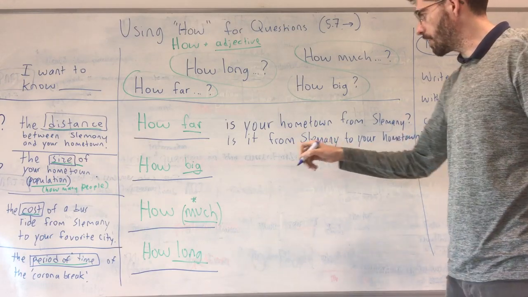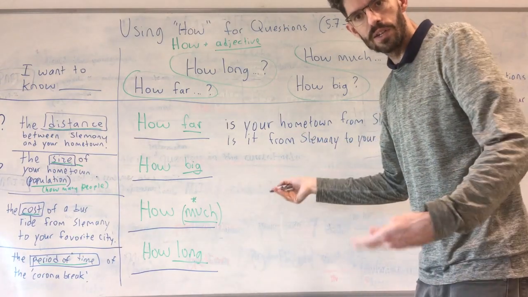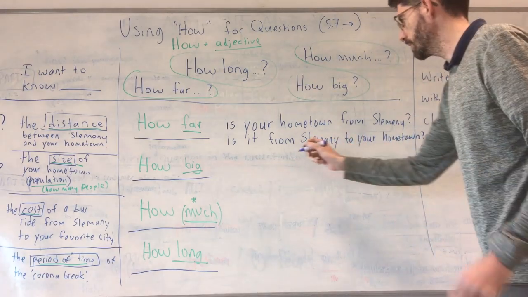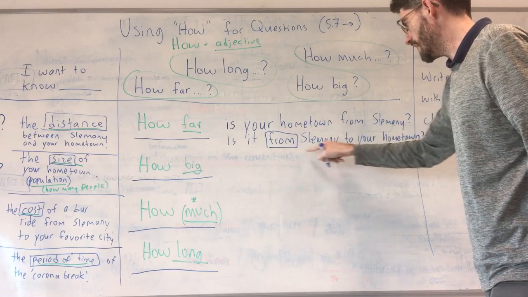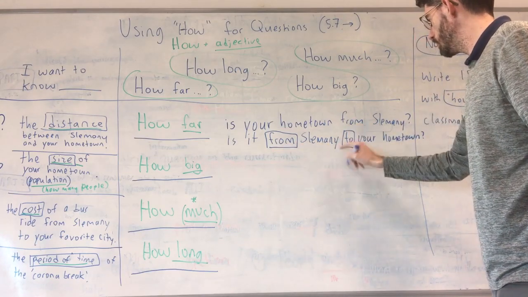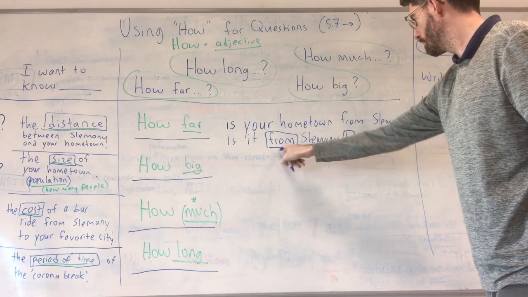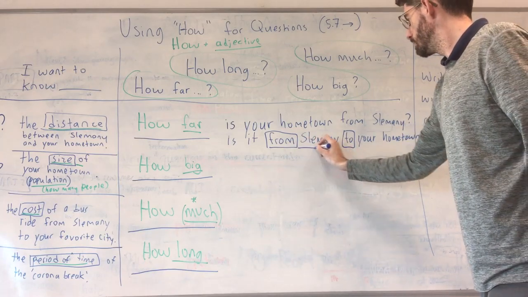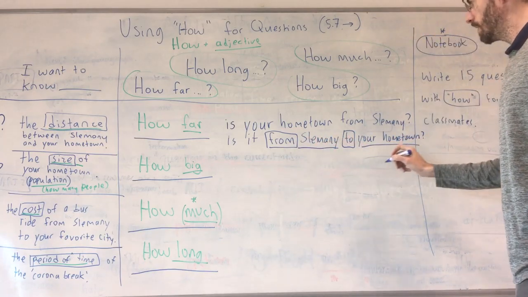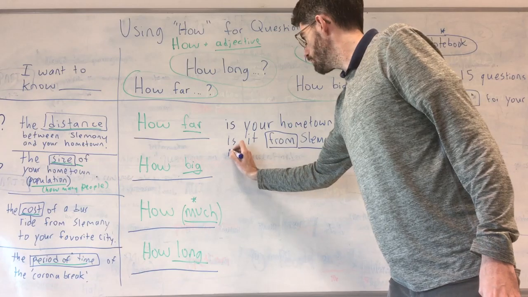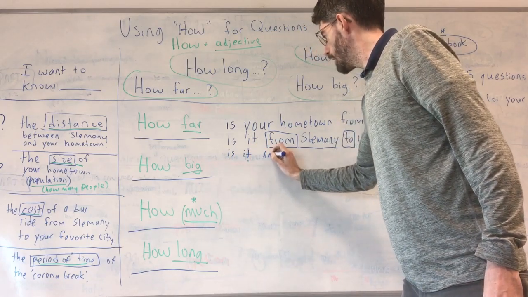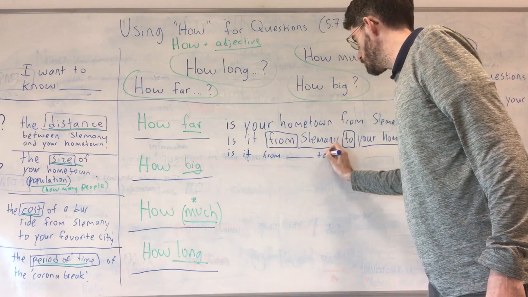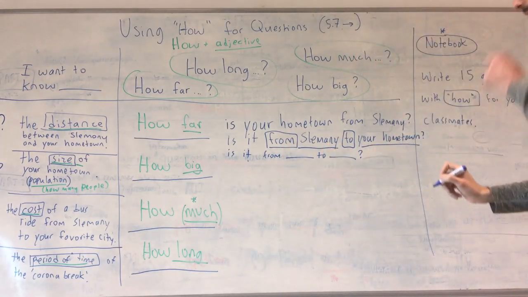Okay, if I'm going to your hometown, I want to know, how far is it? Okay, so I can use from, that's beginning, to is the destination. Okay, so you can use this pattern. How far is it from blank to blank?